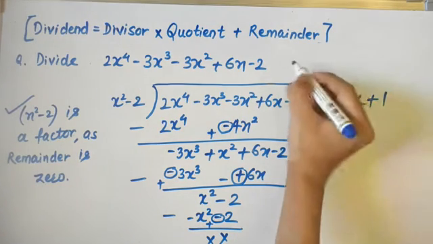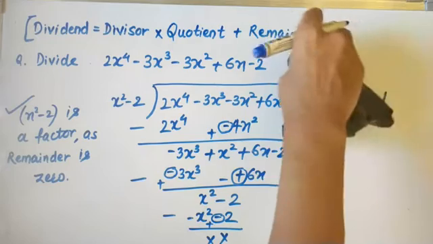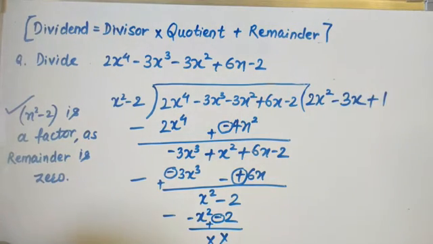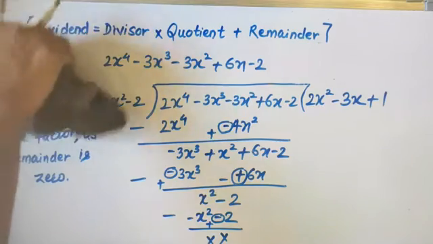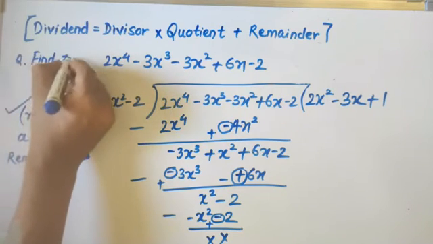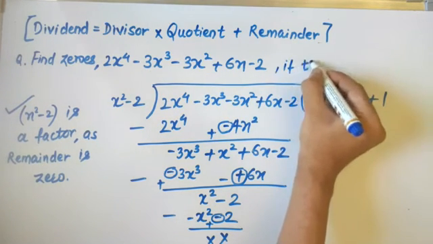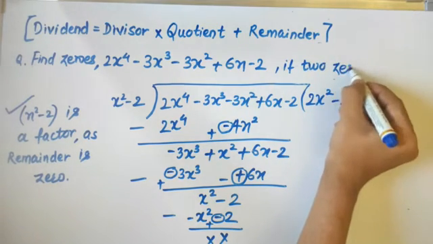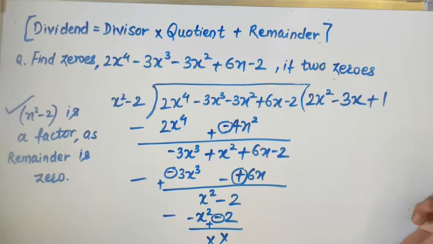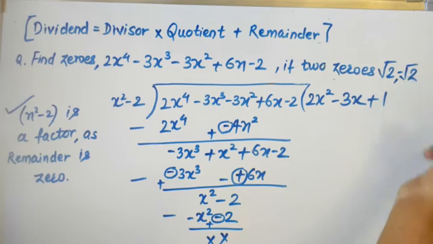Divide this by, or the same question is given as: find zeros if two zeros are root 2 and minus root 2.